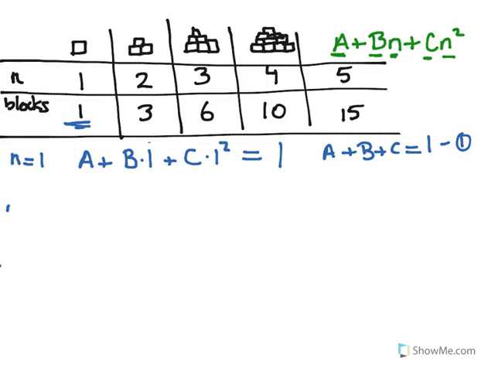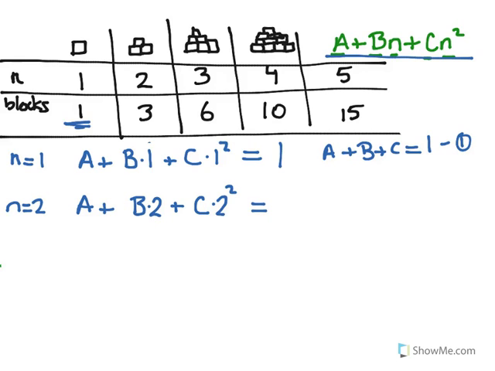Right. To get equation number 2, we put n equals 2 into our equation. This is our standard equation, a plus bn plus cn squared. We put n equals 2 into that. Okay, a, there's no n there, so that stays the same. Plus b times n. Well, n equals 2, so it will be b times 2. Plus c times n squared. n equals 2, so it's going to be c times 2 squared.